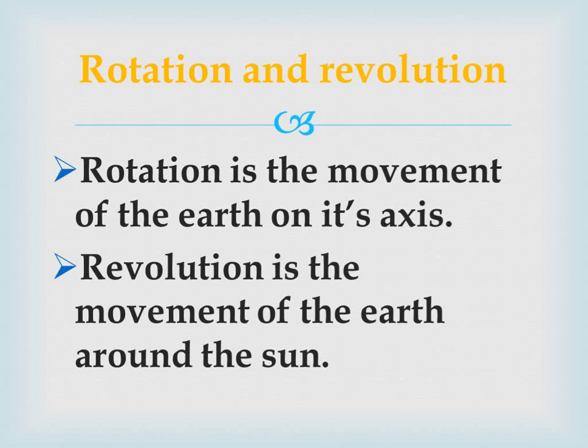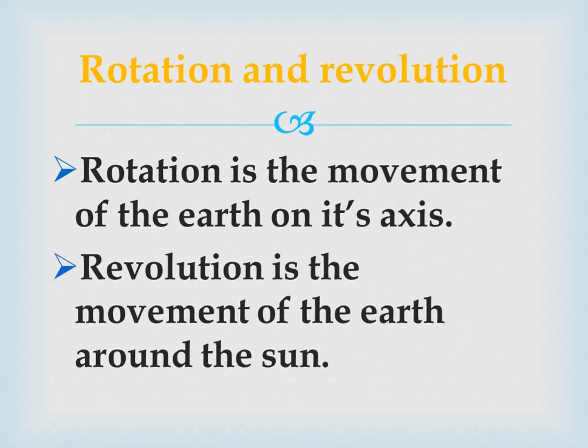It is the movement of the earth around the sun in its fixed path called orbit. Now we must know what is axis and what we mean by orbit. In rotation, it's the earth's movement on its axis, and in revolution, the earth's movement around the sun in its orbit.